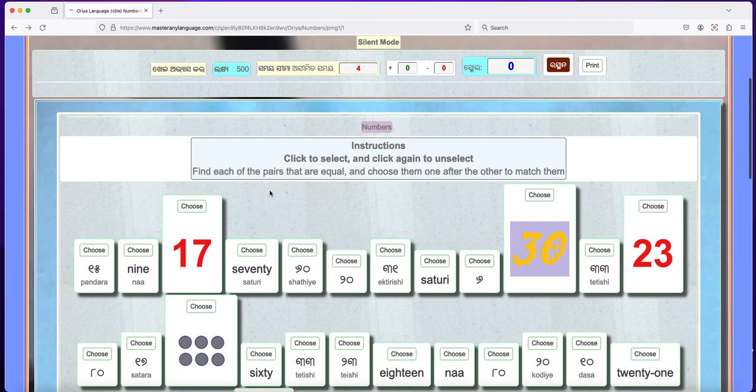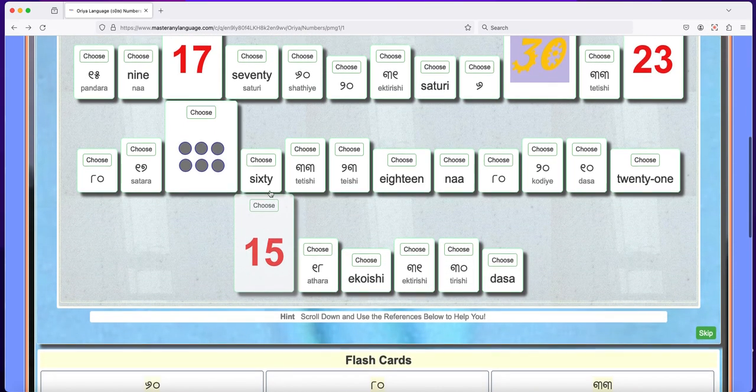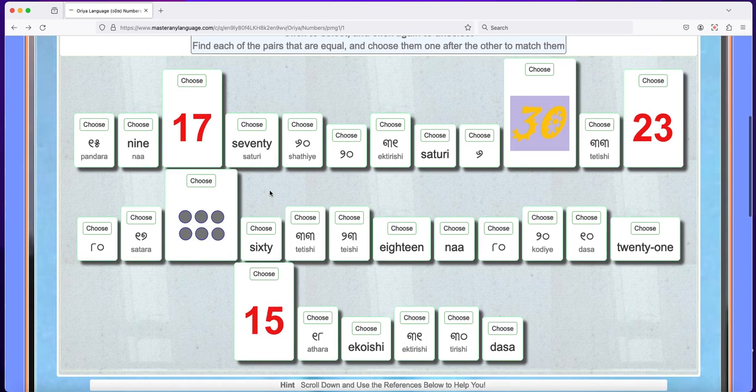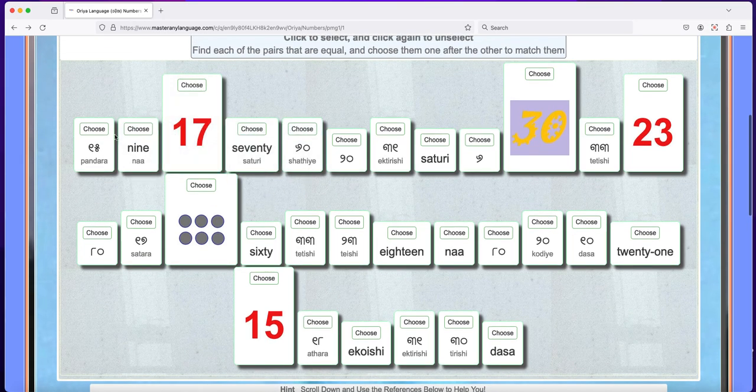Okay. Alright, so this is the first problem. Basically, from here, we are matching one to one. So we find one of the boxes and we find another one that matches it.